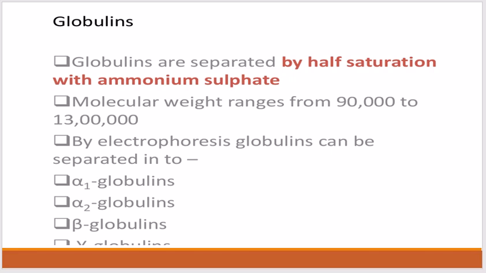By electrophoresis, these globulins are separated into four fractions, namely alpha 1 globulins, alpha 2 globulins, beta globulins, and gamma globulins. Each fraction is a mixture of several globulins, but one of them is present in abundance while others are present in small amounts. All the globulins are glycoproteins because carbohydrate groups are attached to them.